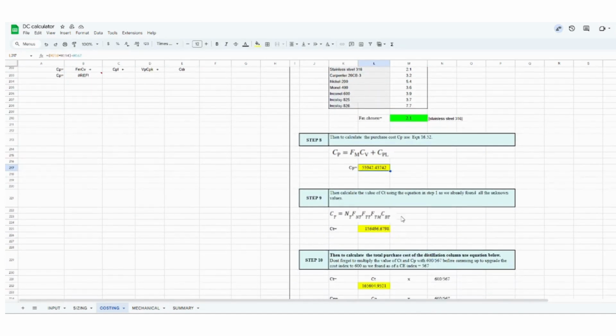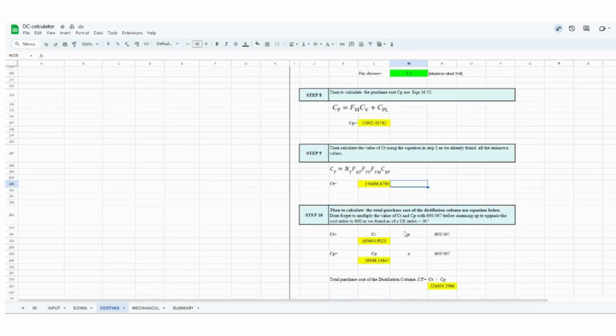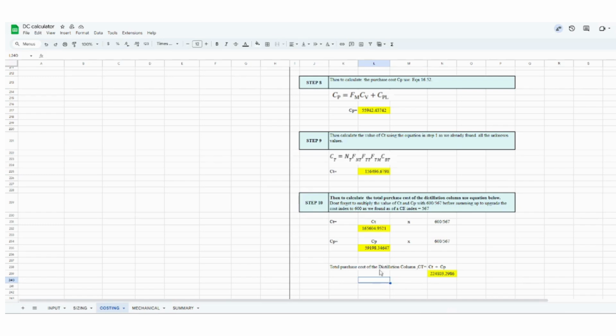And step 9, for the value of CT, we need to use the general equation. After we insert all these values, we can get this value. And the last step, we need to calculate the total purchase cost of the trade DC. As we know, the CE index of 567 is given by the reference for packing DC.